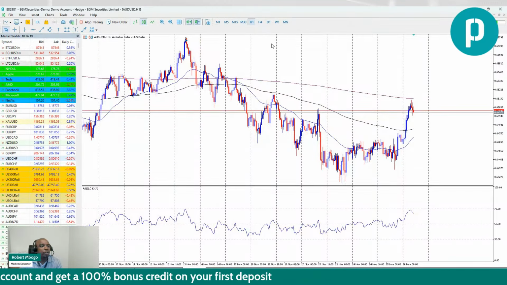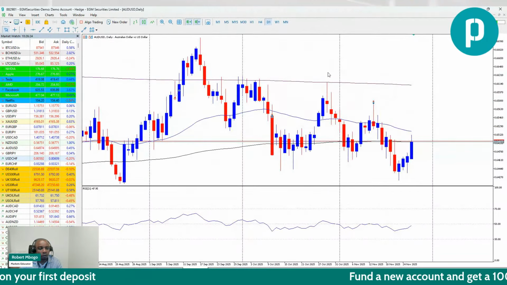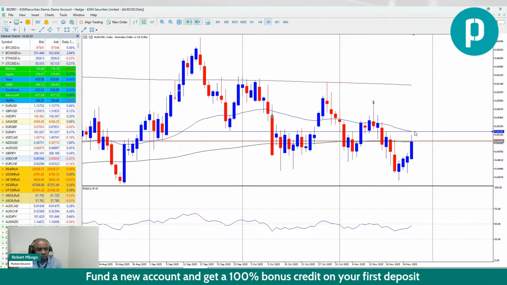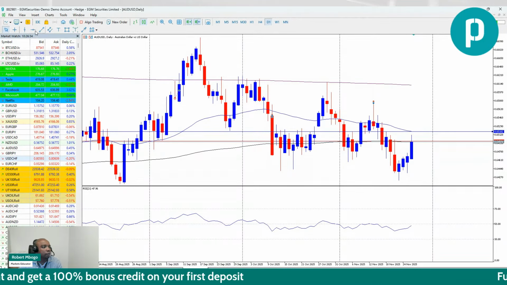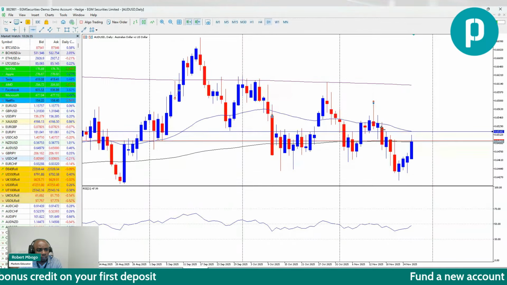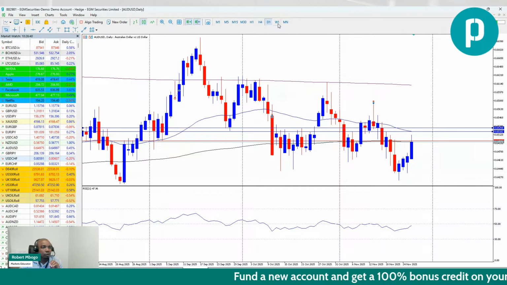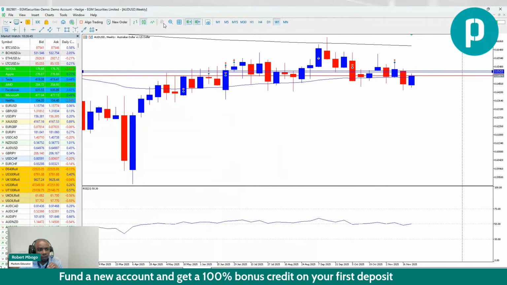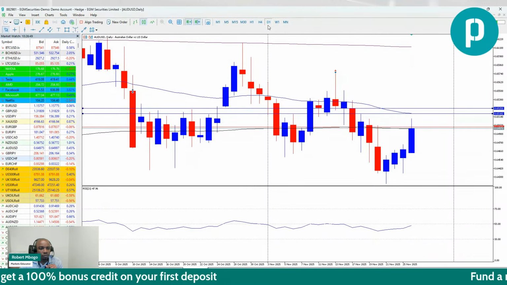What about AUD/USD? AUD/USD, let's go to higher time frames. I would probably want to see AUD/USD test this moving average over there, 65.18. There's also another block here, 65.25. Those are two areas on higher time frames I would want to see AUD/USD come to, especially on the daily.